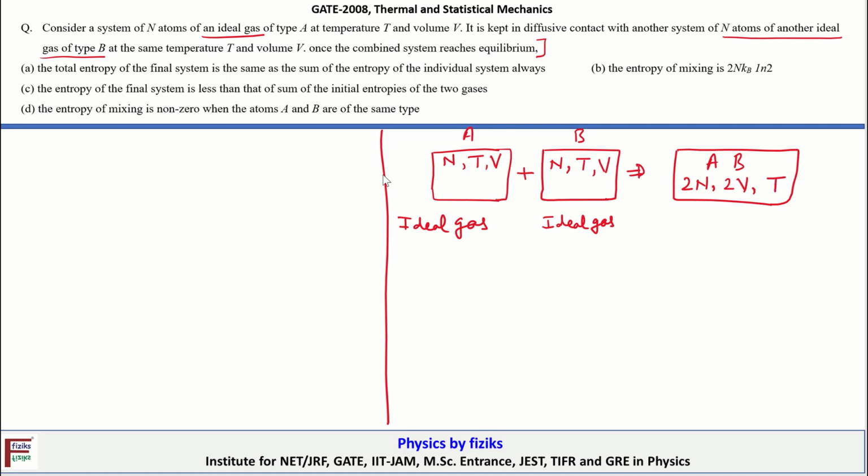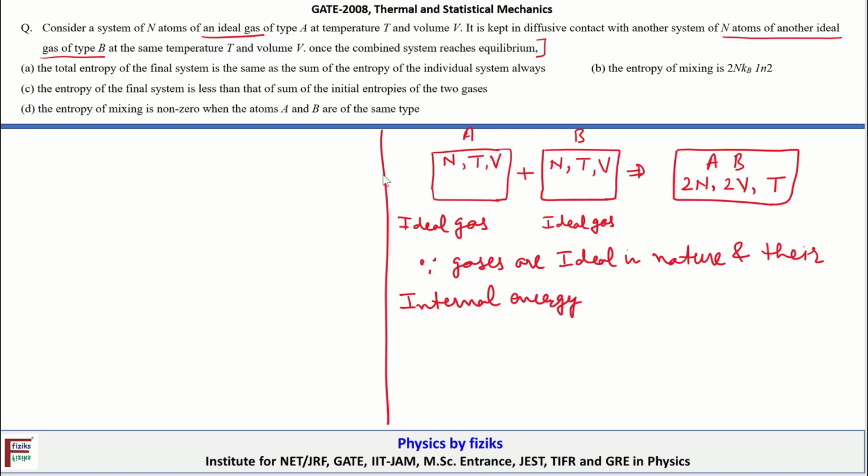The gases are ideal in nature and their internal energy is purely kinetic in nature, which depends only on temperature T.